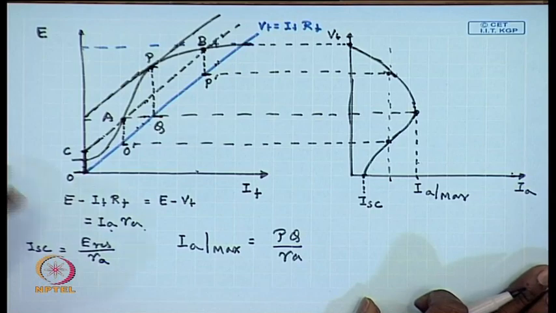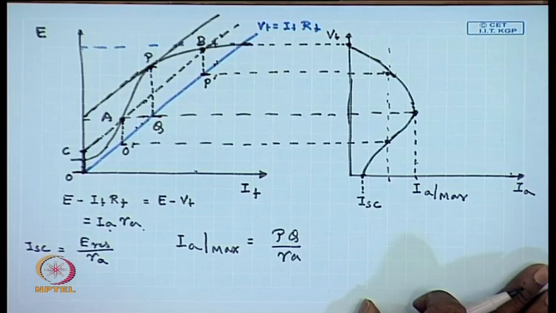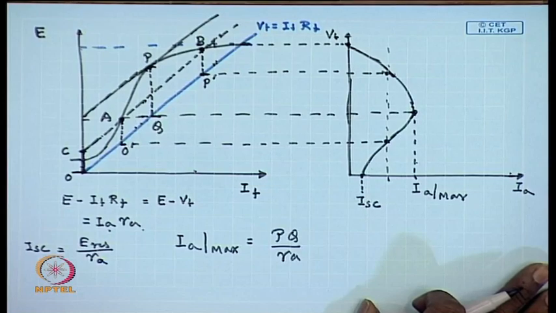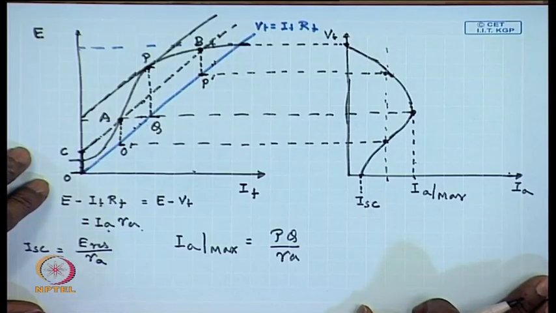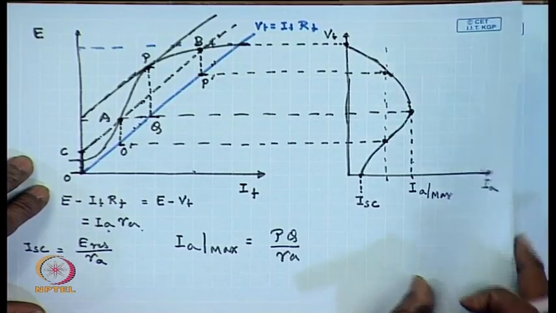Please note that in this analysis we have neglected the armature reaction, we have not considered any drop due to armature reaction. Now, if we want to incorporate armature reaction, let us see how this procedure will modify.